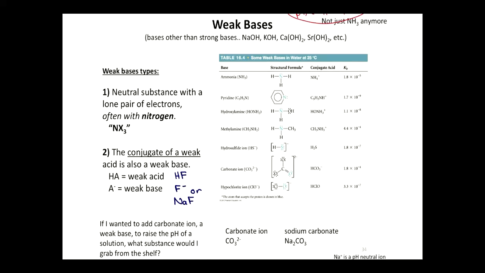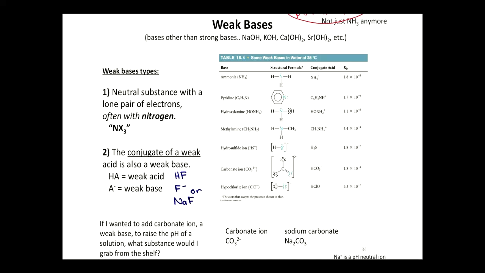In this course, ammonia is not the only weak base anymore. Back in Chem 1210, we just told you to memorize ammonia as a weak base and be on your way. Versus weak acids and strong acids, we just said memorize the 7 strong acids, everything else is a weak acid. That was a little easier. But we're going to learn about a lot of the other types of weak bases that are out there.